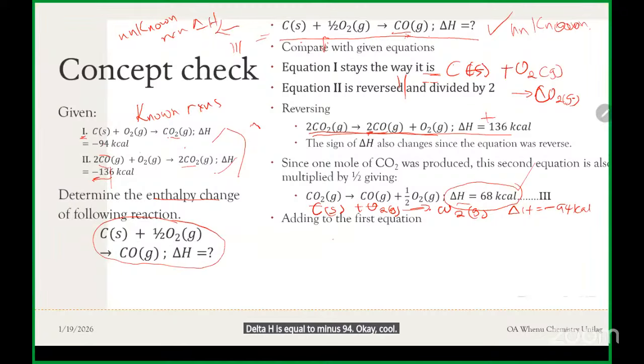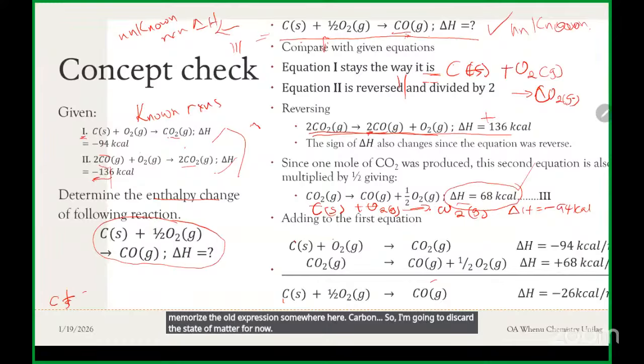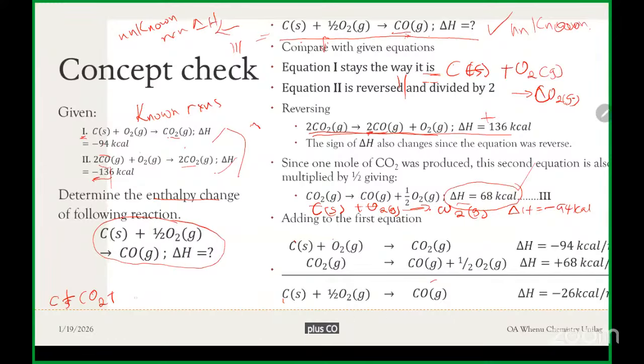So if we add this, bringing everything together, I'm going to discard the state of matter for now: carbon plus CO2 plus O2 going to CO plus half O2 plus CO2. So I've written everything out.